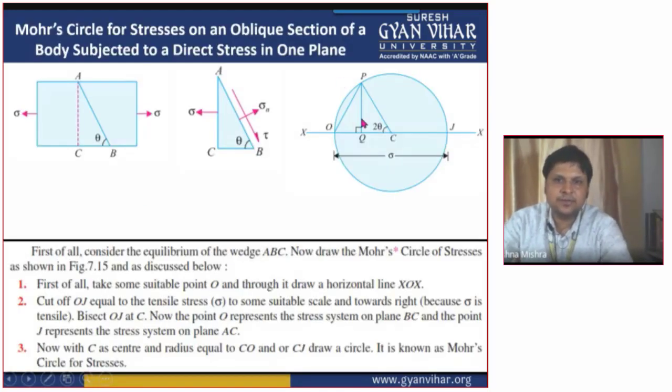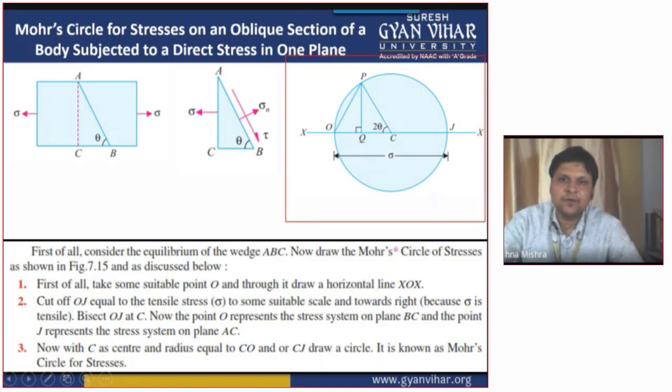So basically, this is the diagram which I am explaining to you. What we have done, we have drawn a vertical line, students, and from this point O, we have drawn a horizontal line like this. Then we have taken the length equal to the stress value given.